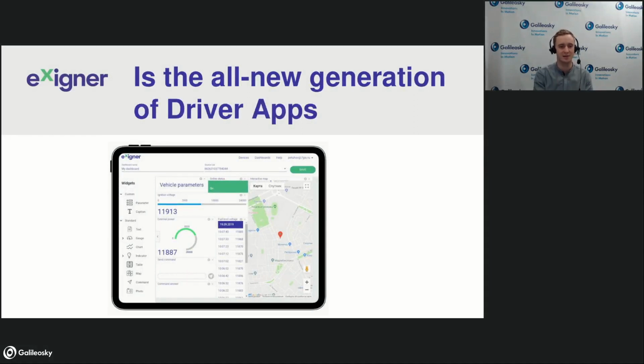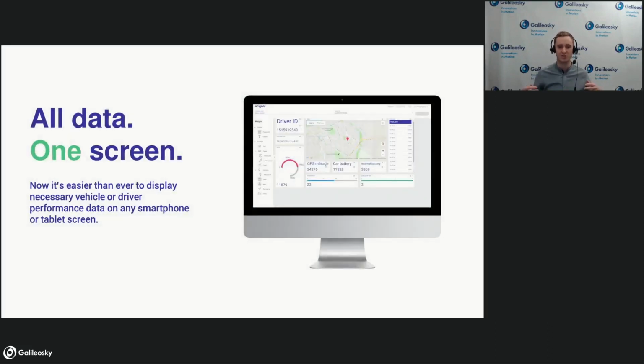So this is the tablet PC, and you see that there are different widgets on it. So the customer, the integrator, has the opportunity to create any set of widgets that is valuable for one specific partner, or one specific customer, or one specific project, or one specific driver, or one specific vehicle. So it is very flexible, and one of the major things about the Exigner driver application is that all data which is being transmitted by the Galileosky tracker is landed on a single screen.